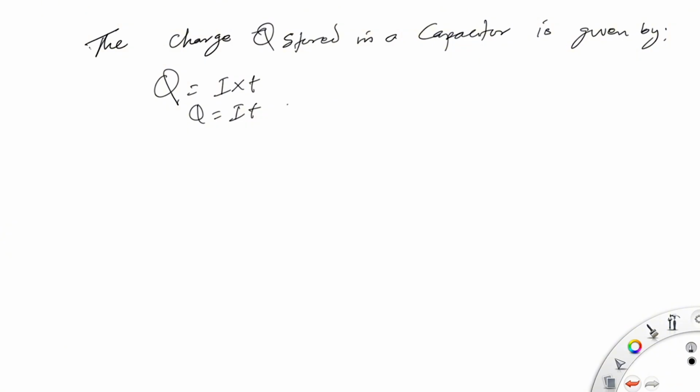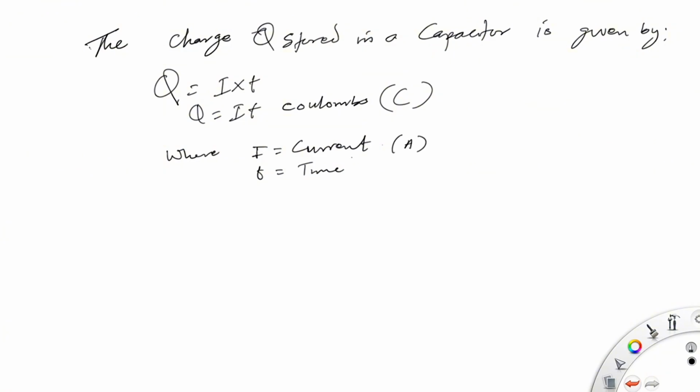Measured in what? It's measured in coulombs. Charge is measured in coulombs, capital letter C. Where I is equal to the current, measured in amperes, and T is time, measured in seconds.